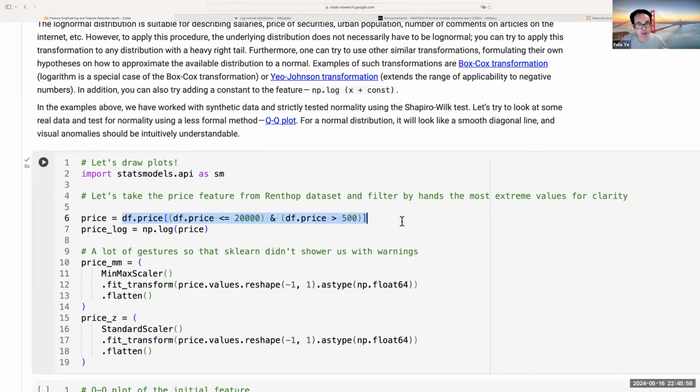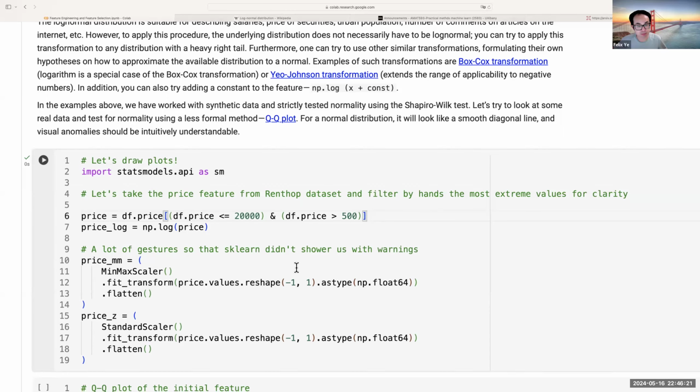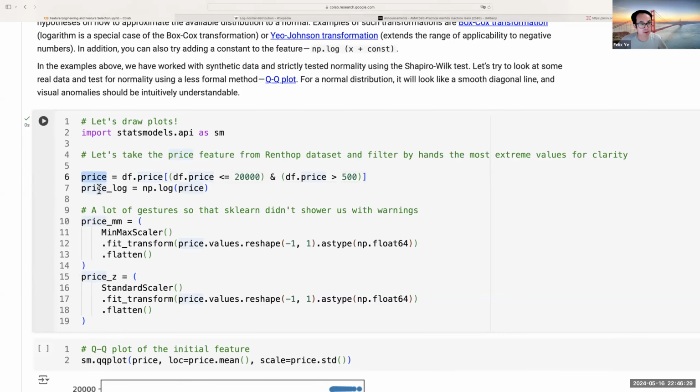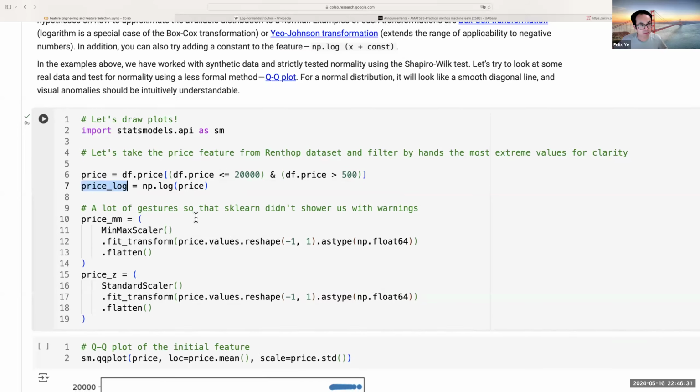Here, we only consider prices between 500 and 20,000, because we are not going to consider anything very extreme, so we basically filter out those very extreme prices. If you run this whole thing, we consider two things: one is price and another one is price log.